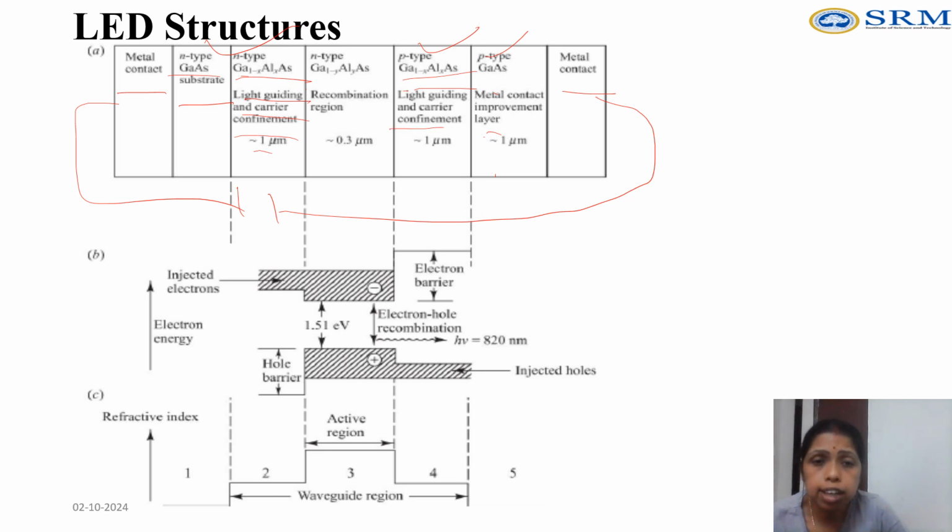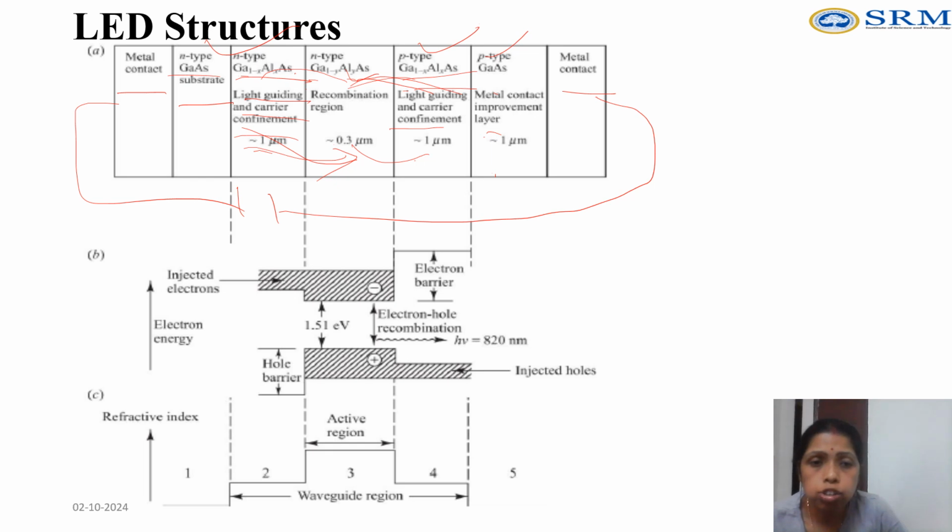And there is a middle region, the recombination region or active region, you can call it. Here all the recombination will take place. All the electrons and holes will come here. Suppose holes come from this side to this side and electrons come from this side to this side. In this layer the band gap will be such that once the electron comes here, it will not cross this interface barrier.